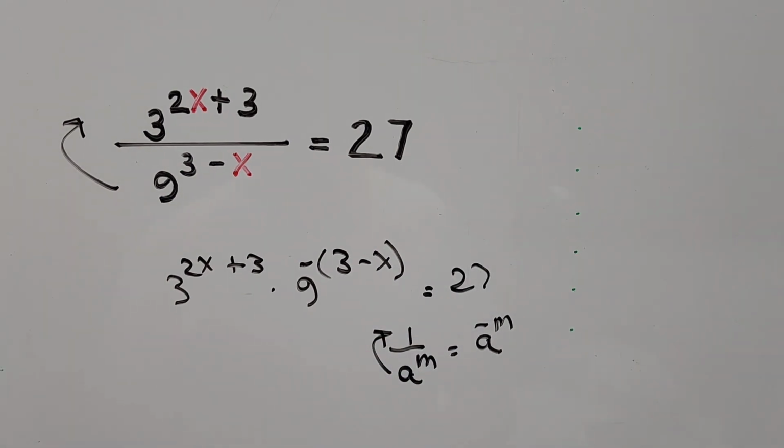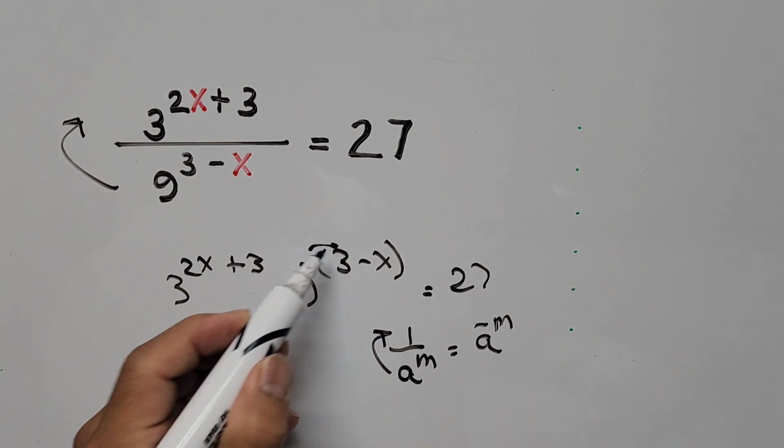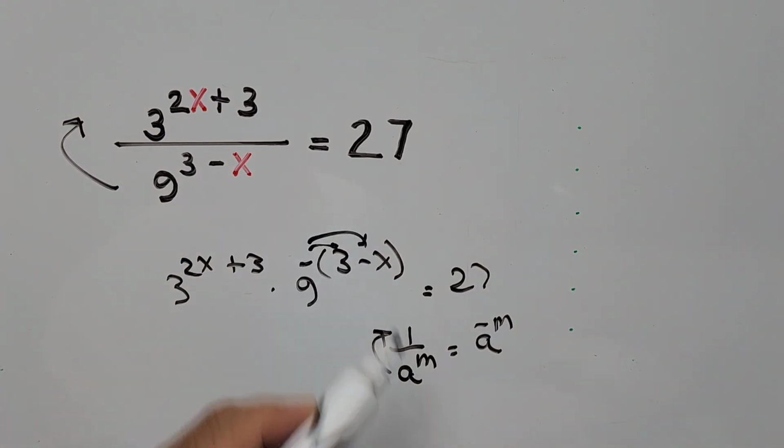And the next thing to do, as I said earlier, is to transform the bases into a common base. In here, 3 and 9, can we transform base 9 to base 3? Yes, we can, right? Since 3 squared is 9, they will have a common base of 3. And we can distribute the negative sign into the numbers in the parentheses, so simplify the exponent.